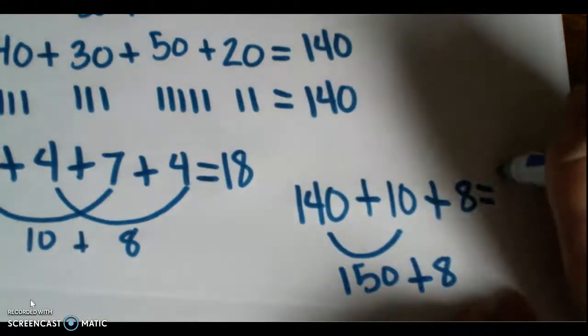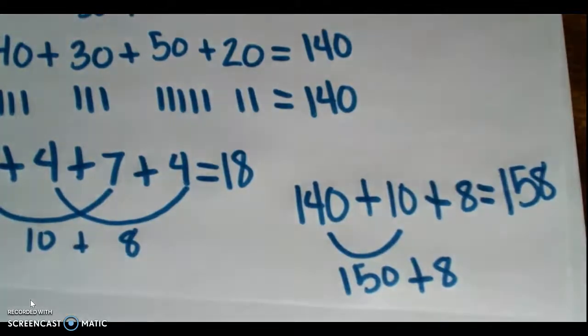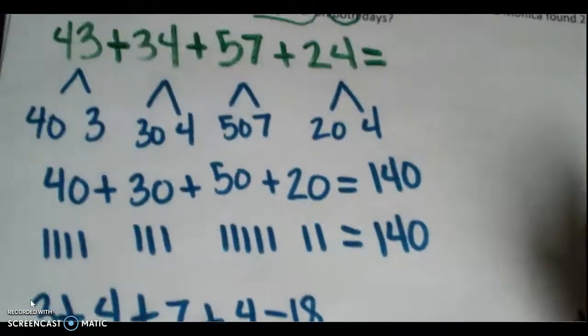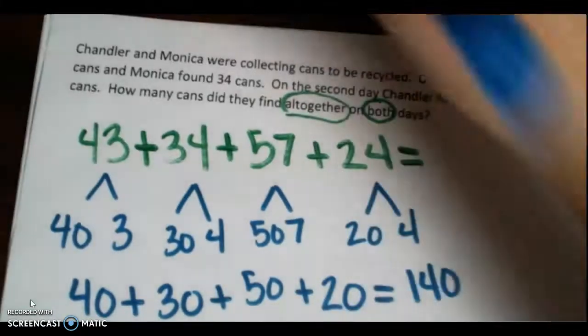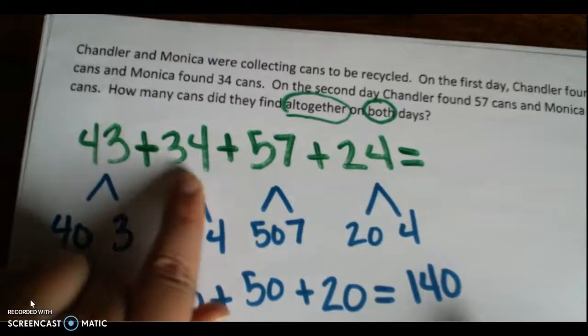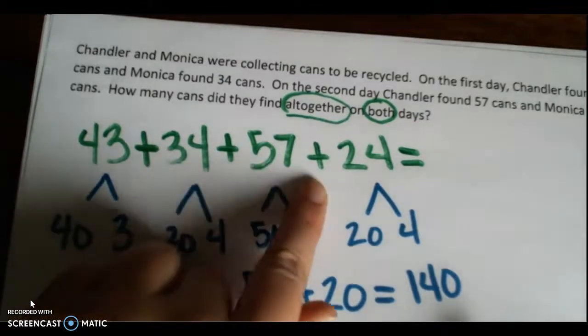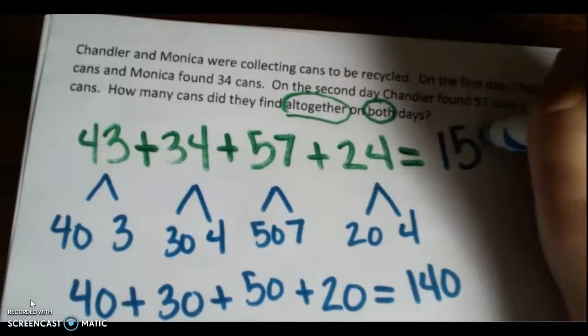So my answer is 158. So now I can go back up to my original equation, and I understand that 43 plus 34 plus 57 plus 24 equals 158.